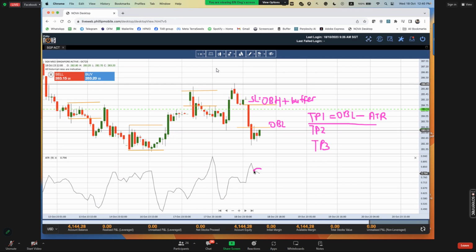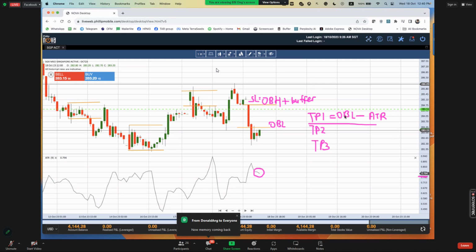Of this current value of ATR here, which is about 0.794. Okay, because we don't have 0.794, right? It's either 0.8 or 0.795 or 0.79. So what I like to do is always to reduce it, to lower it.